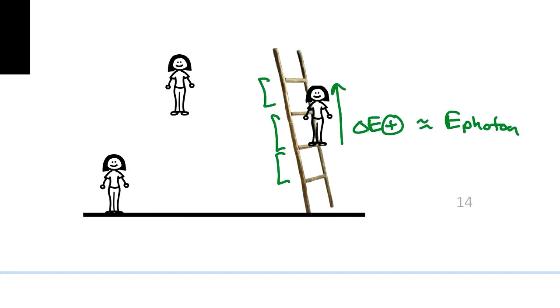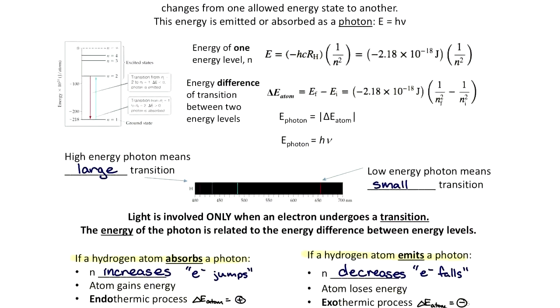So these energy differences always have a resulting photon related to it because photons can be related to energy. Energy of a photon is equal to hc over lambda. And that's where light comes into play. The energy differences of these rungs is equal to that of the energy of a photon. All right, and so that's what this slide says.